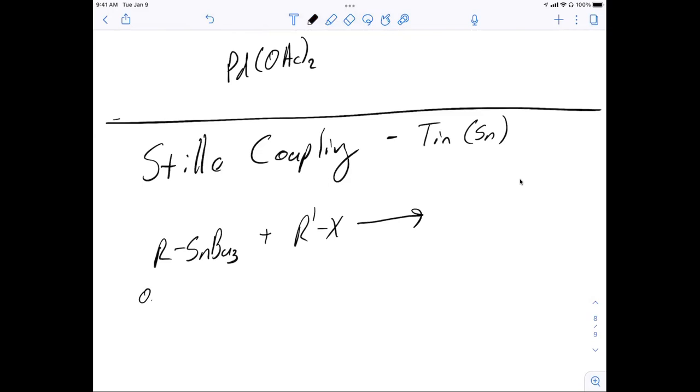So we have an organostannane. Then we have an organic halide here. And this can be iodide, bromide, and then triflate also works with this one. And then we're going to add a palladium catalyst.